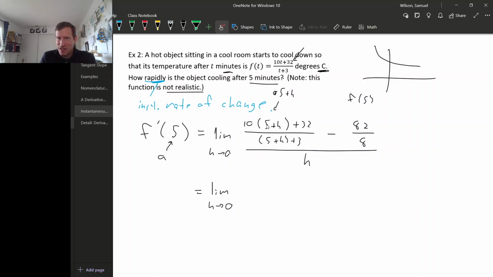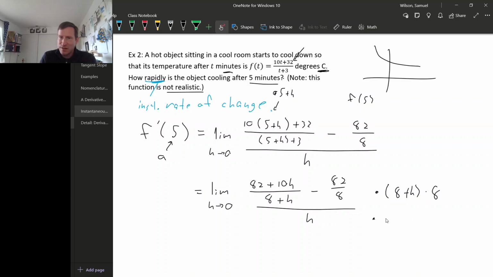So we're going to get 50 plus 32, so 82 again, plus 10h, and then in the denominator 8 plus h, minus 82 over 8, all over h. So let's multiply the numerator and denominator by 8 plus h times 8. And then same thing here, 8 plus h times 8.